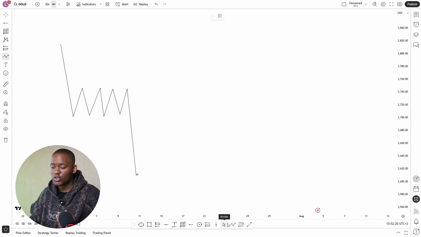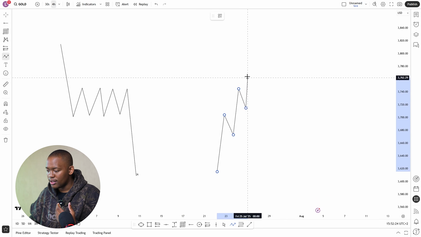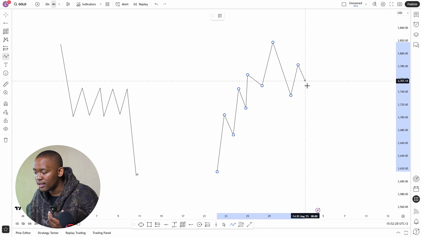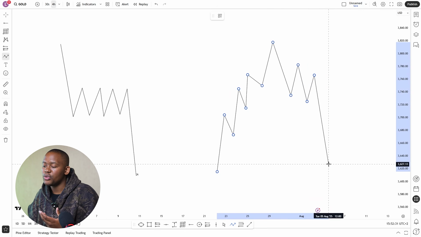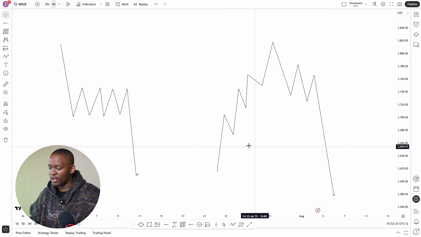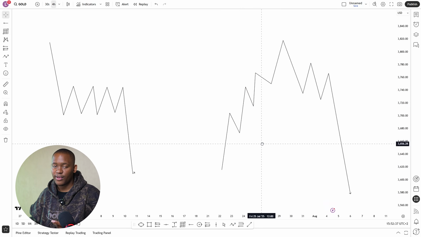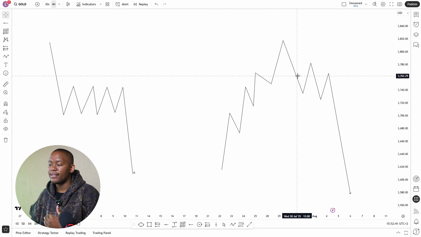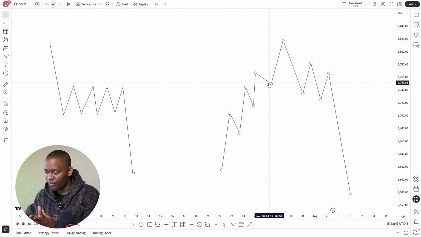The second entry model: let's say you are in an uptrend and the trend gets to an end. The market will tend to start reversing and pushing down. So there are two types of entry. The first is based on continuations, and the second is a reversal entry model.